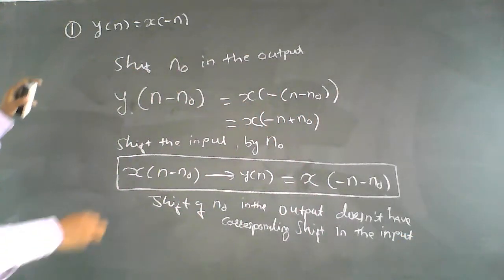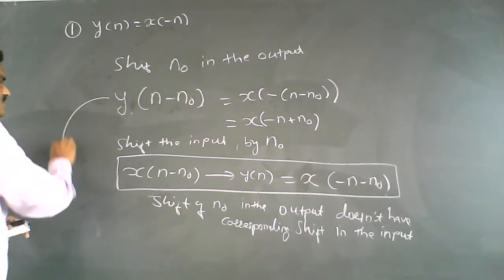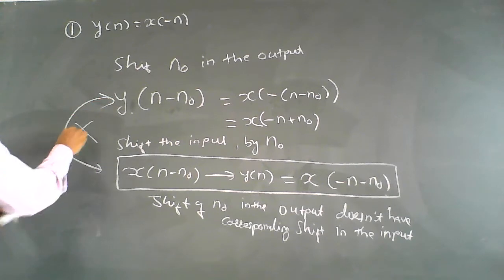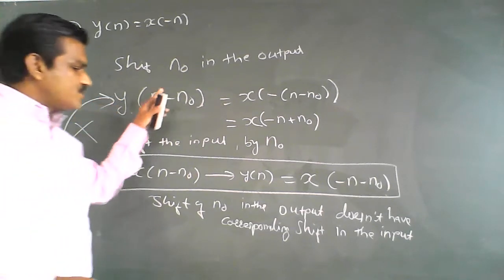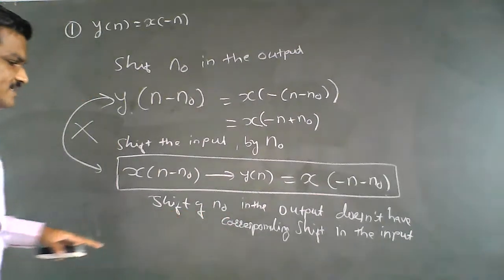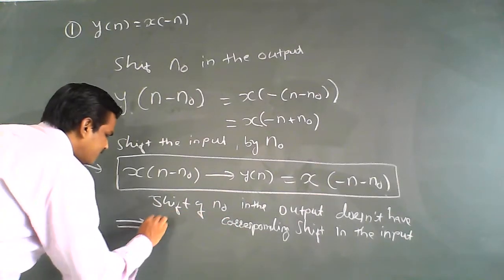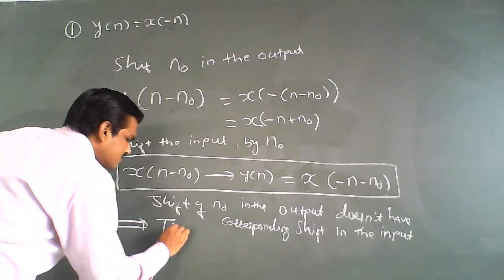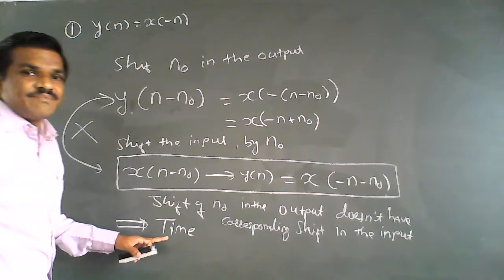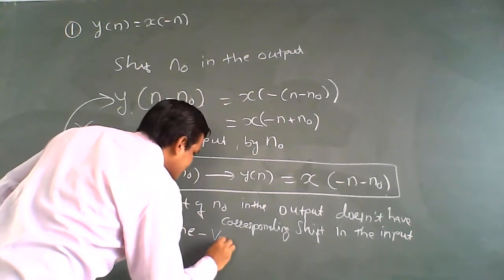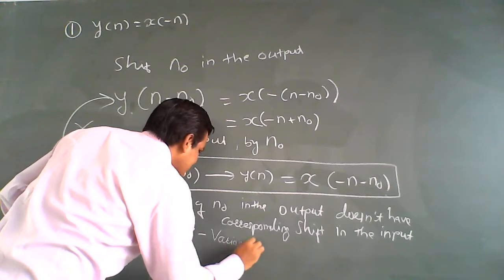That means the two equations are different. This implies that the system is time variant.